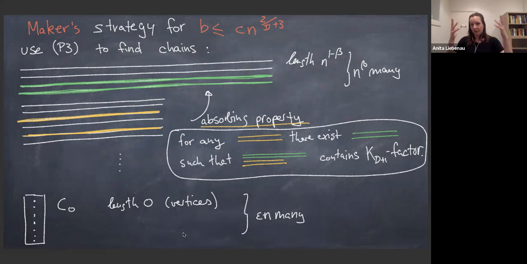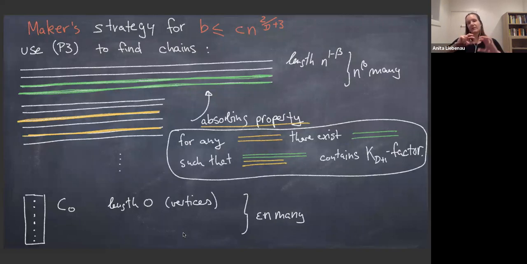That's the upward absorbing property. And this holds for every one of these consecutive layers. So in particular, from C_0, I can take away an arbitrary subset of vertices.